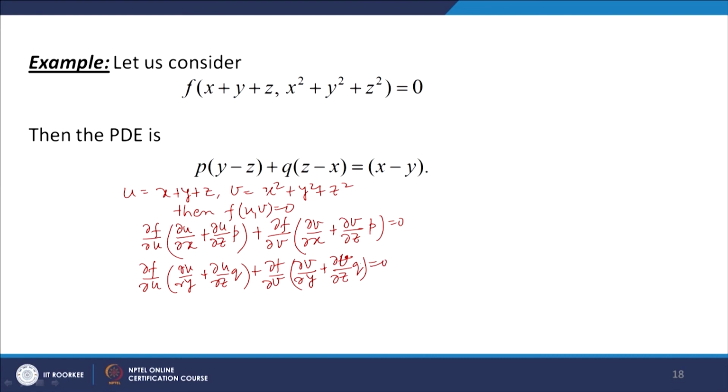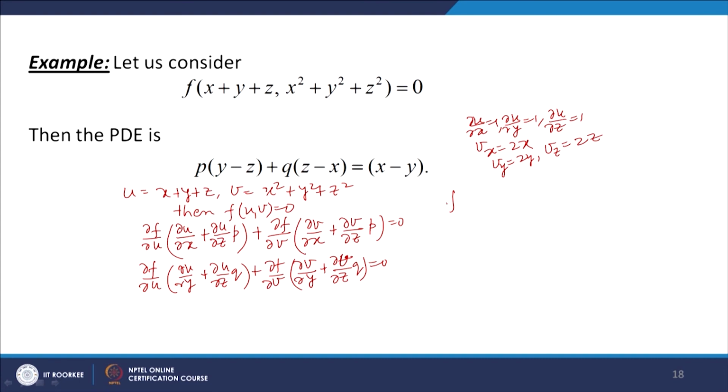Now, u is x plus y plus z. So, u x is equal to 1, u y equal to 1, u z is equal to 1. And v x, partial derivative of v with respect to x is 2 x, v y is 2 y, v z is 2 z.